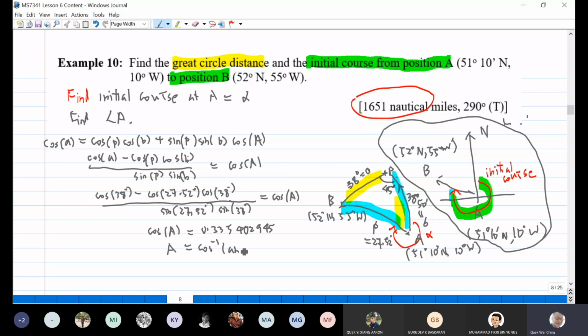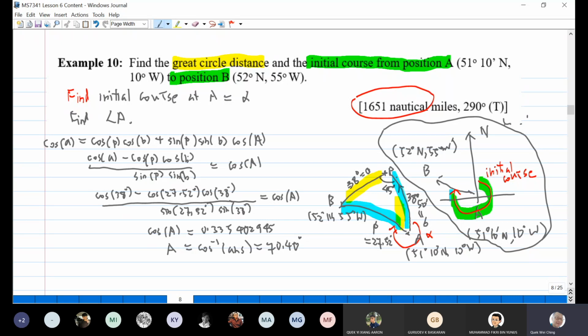Wherever you have just now, you find that it's 70.40 degree. After you press the calculator, you find that A is 70.40 degree. So what is the bearing now?